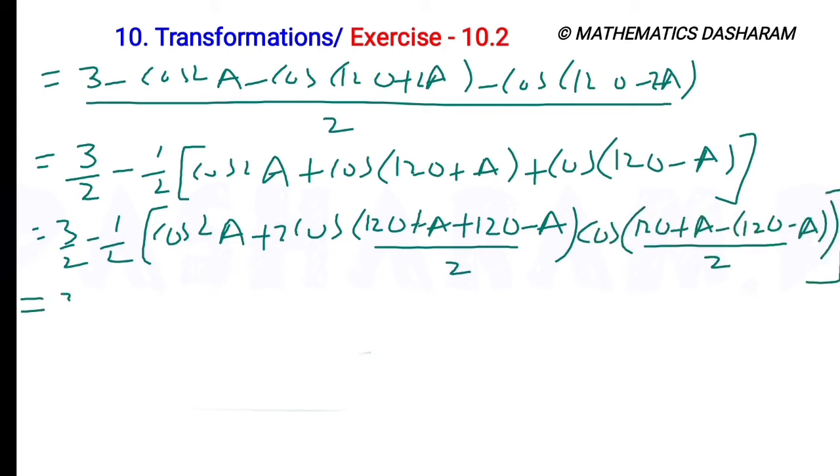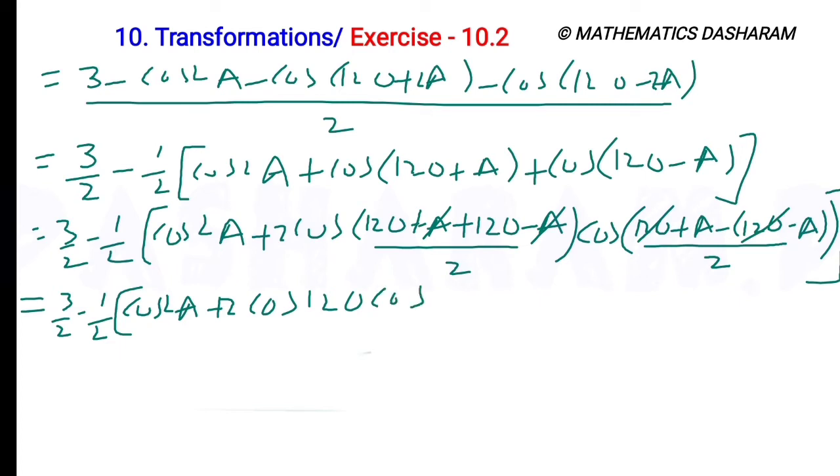So it equals 3/2 minus 1/2 bracket of cos 2A plus 2 cos, here 2A minus 2A cancel, 120 plus 120 is 240, 240 by 2 is 120, and 120 minus 120 cancels.